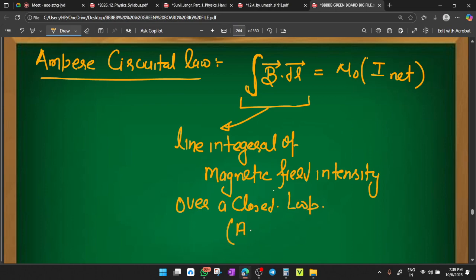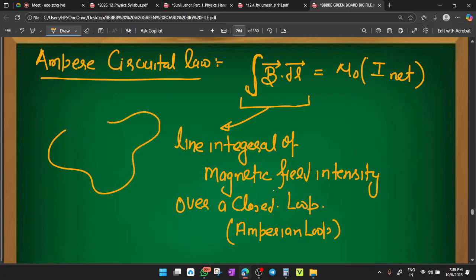Like in electricity, the surface was called the Gaussian surface. Here, this imaginary loop is called the Amperian loop.